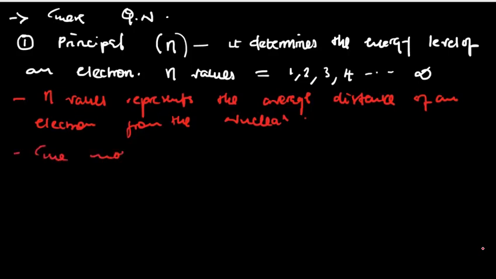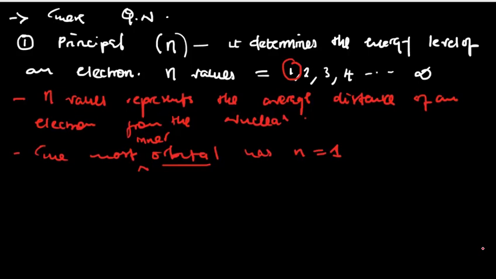So the most inner shell, or the most inner orbital, is the one that will have n equal to 1. It means this is the one which is so close to the nucleus. So the most inner orbital has n equal to 1, followed by 2.